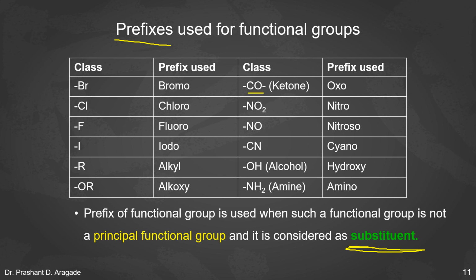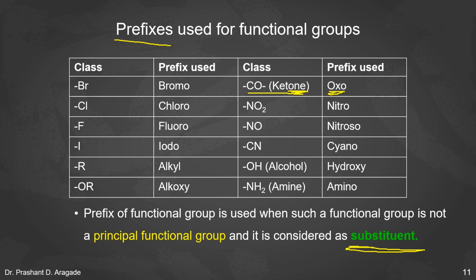If you see, ketone as a substituent uses the prefix oxo. And if ketone is the principal functional group, then ONE is the suffix used for the ketonic functional group. Similarly, you have to remember the prefixes used for the different functional groups.